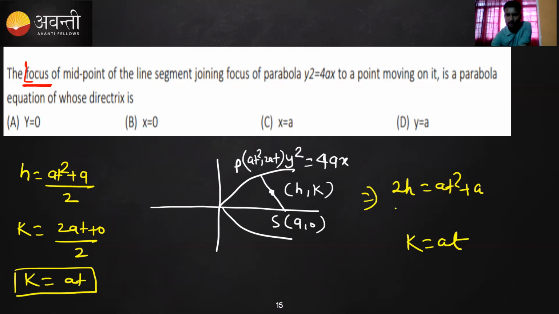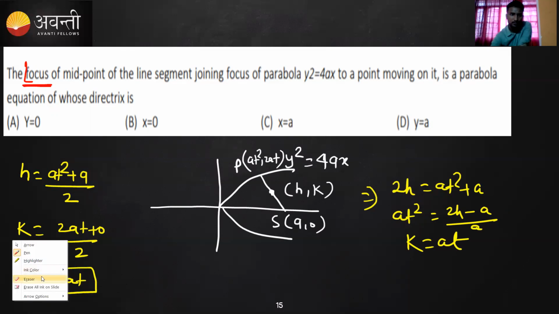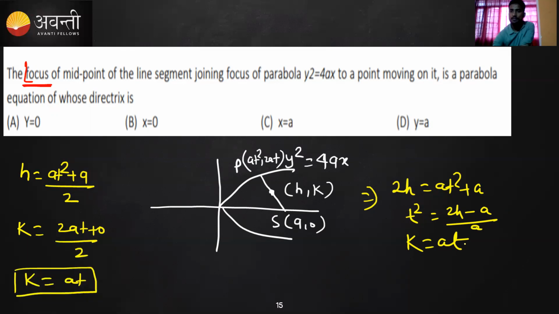So from here what we can do, we can write at square is equal to 2h minus a divided by 2a, right? So here what you can write, this is basically t square is equal to 2h minus a by a.